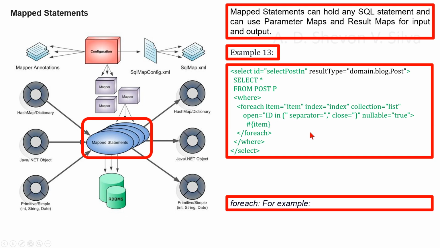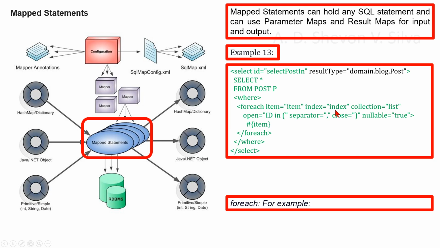Note, you can pass any iterable object, for example List, Set, etc., as well as any Map or Array object to foreach as a collection parameter. When using an iterable or array, index will be the number of the current iteration and the value item will be the element retrieved in this iteration.